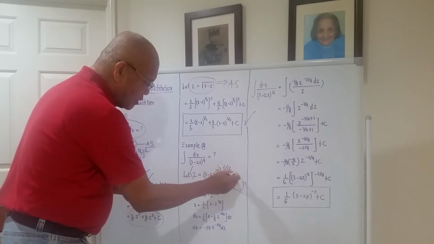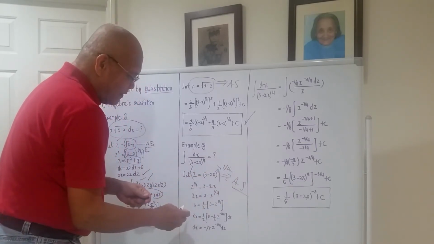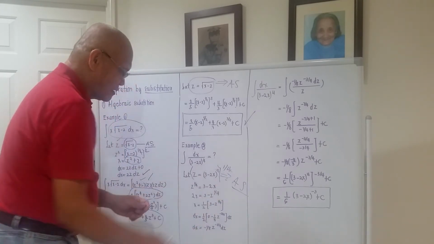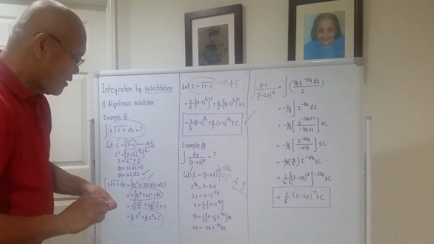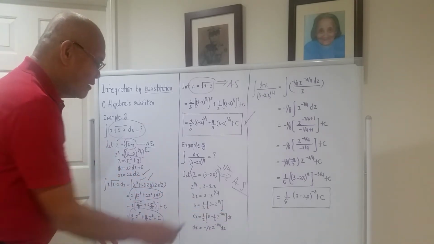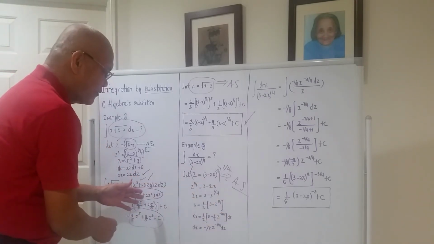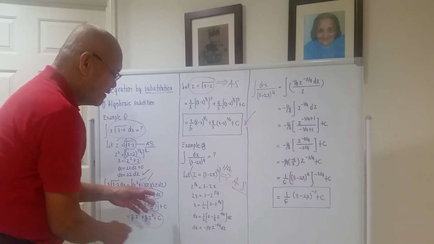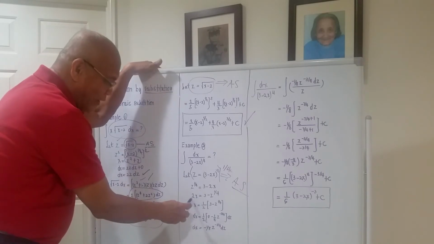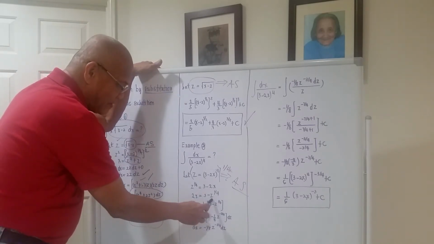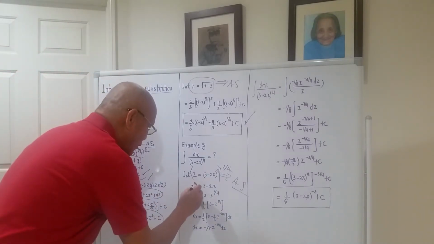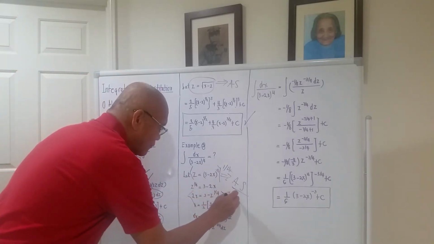This 4 here cancels with this, so the right-hand side will be simply 3 minus 2x. From that, we can now compute for the value of x. Algebra. We transpose this to the left, then we transpose this to the right. So 2x equals 3 minus z raised to the 1/4. Multiplying all terms by 1/2.